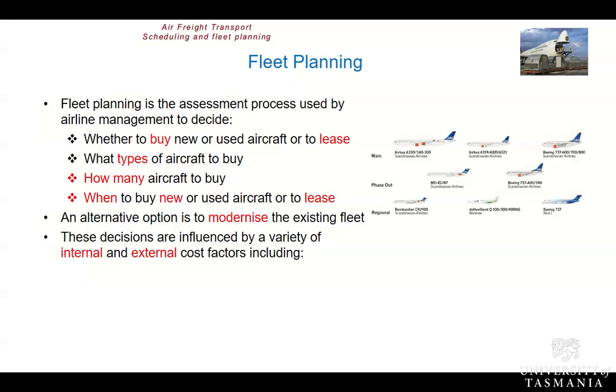Often they're internal, some of them are external. So the financial situation of the airline is a big determinant on whether they're going to make an investment in aircraft. Also, if they are going to continue with their current line of aircraft, what are the maintenance costs associated with that? Are they going to be offset if they bring in a new aircraft?